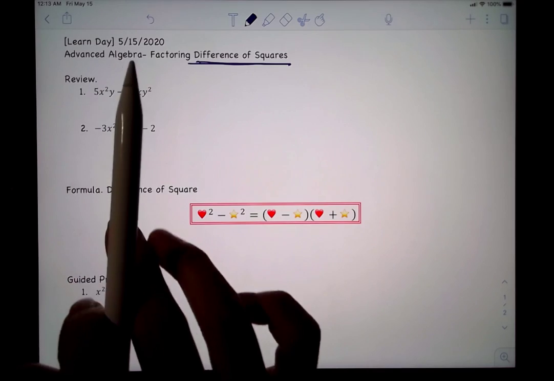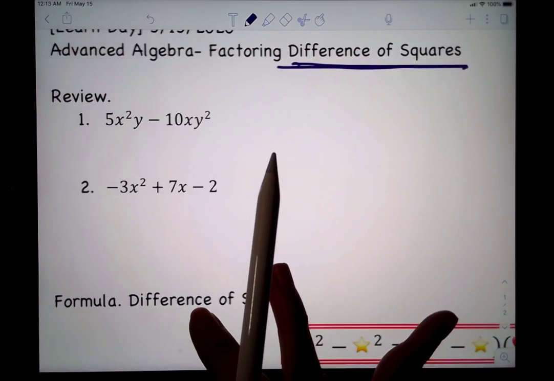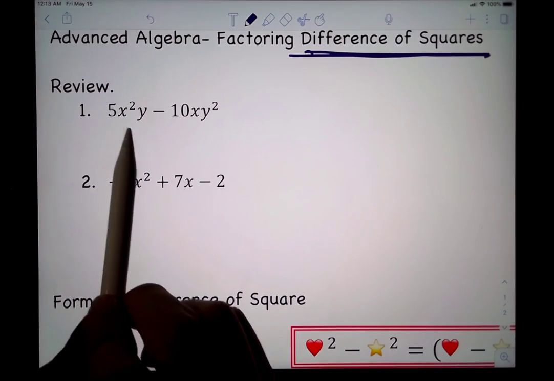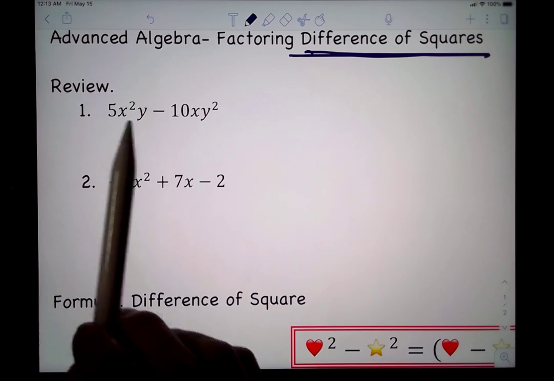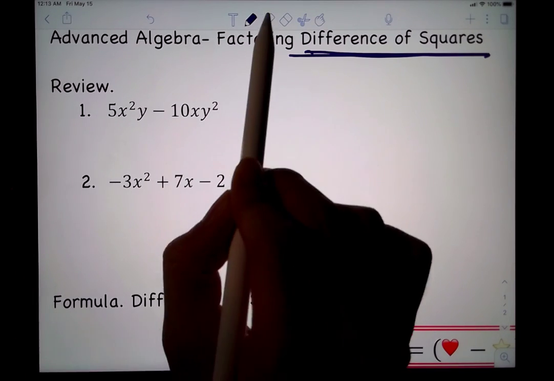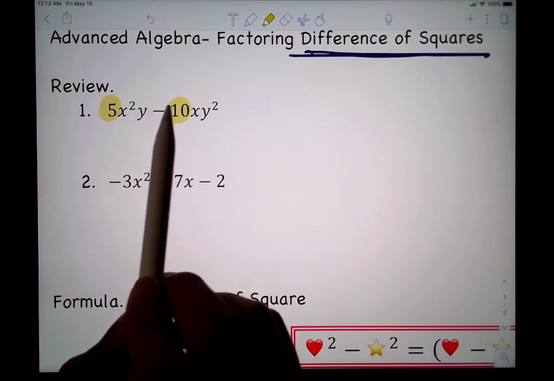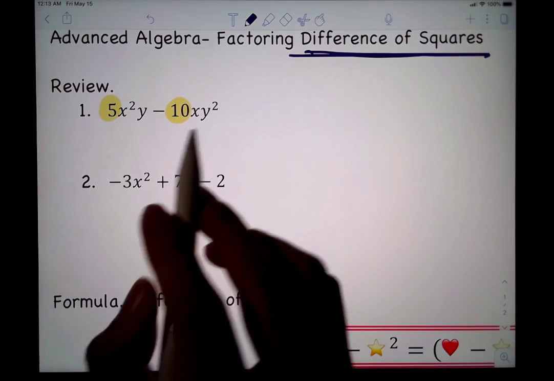Look at number 1. I want to factor this. Always check whether you have a common factor or not, right? Looking at the numbers 5 and 10, 5 is the common factor.